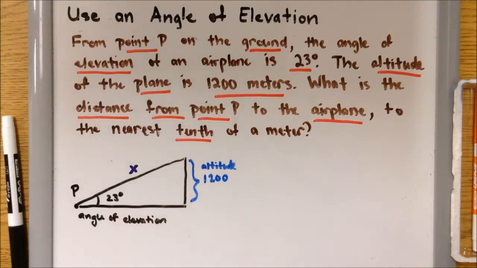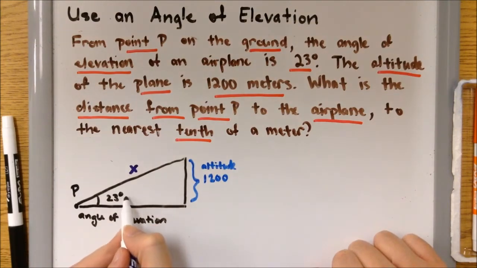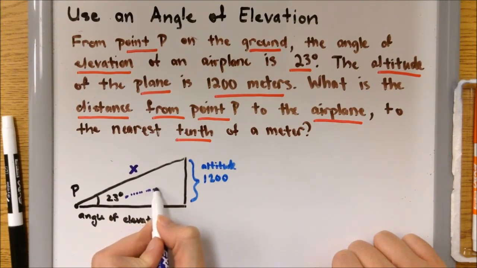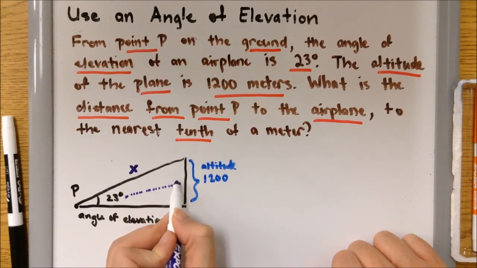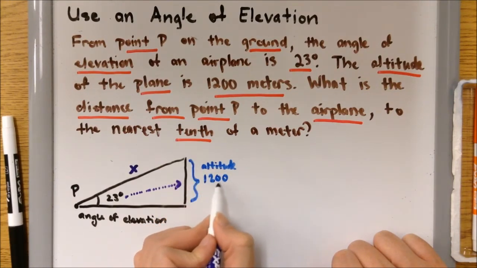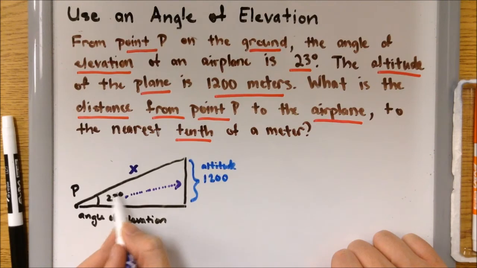Using our angle, the 1200, the altitude, is opposite of 23 degrees because it's across.